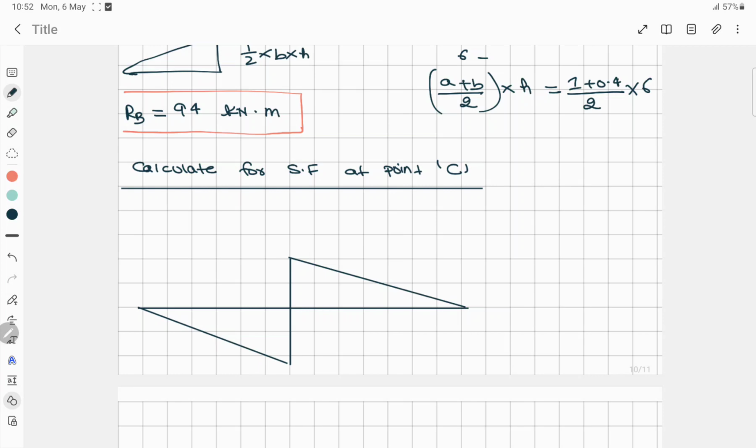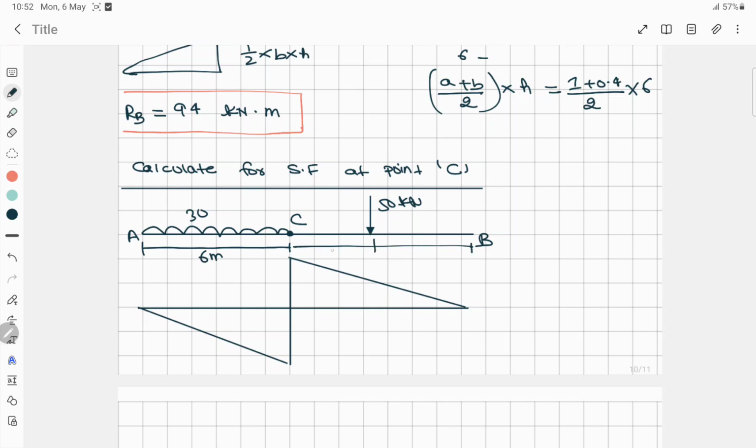Now the question was, I'll draw the question also here, and from this point to this point, one UDL was there, and this is the C point, and up to C point one UDL was there, and it's A and B, it's of 50 kilonewton and the UDL of 30, and from A to C 6 meter distance was there, and from here to here 2 meter and 2 meter, right?